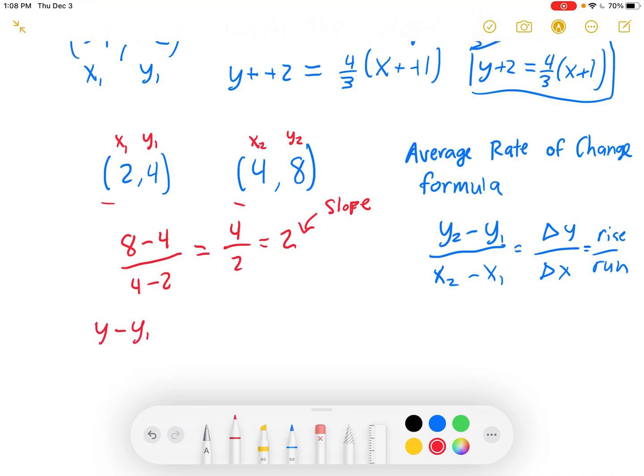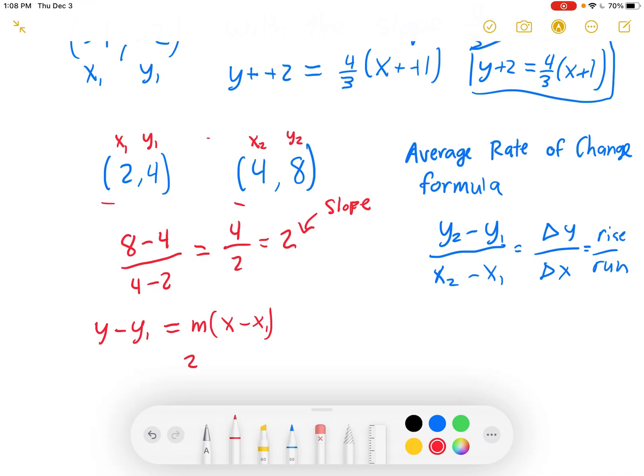y - y1 = m(x - x1). Our slope is 2. From there, we can plug in values from one of our points. Either point will do.